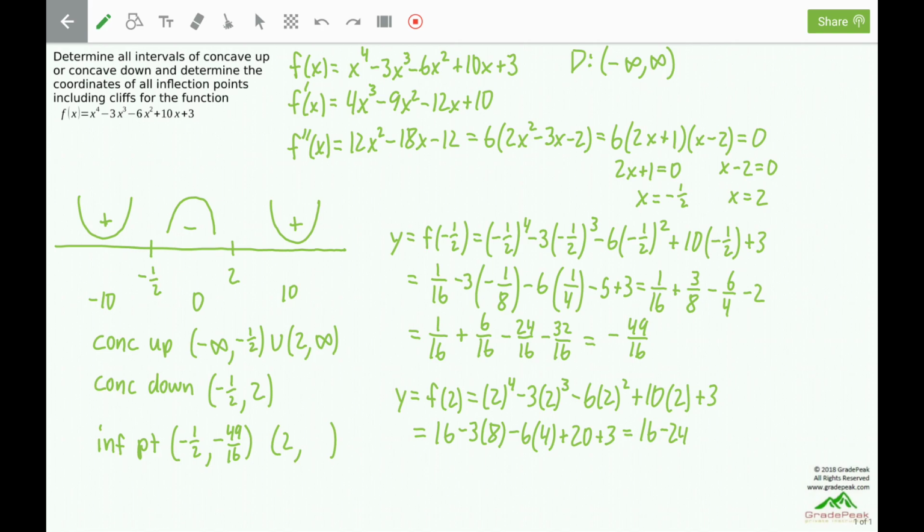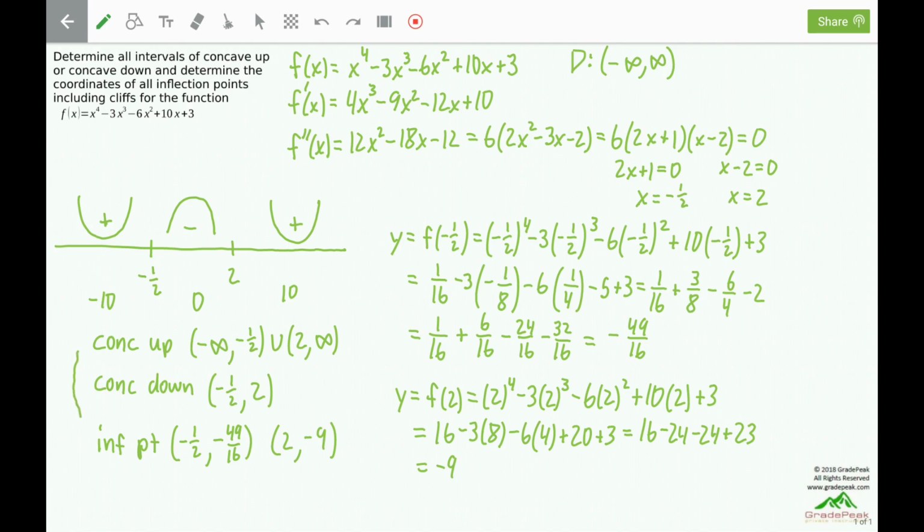A minus 6 times a 4 is another minus 24. And the plus 20 plus 3 is a plus 23. 16 minus 24 is negative 8. Minus 24 more is negative 32. And then plus 23 is a negative 9. So this has a corresponding y-coordinate of negative 9.